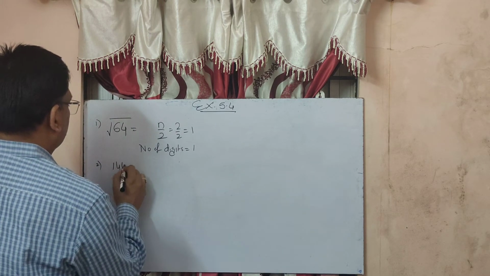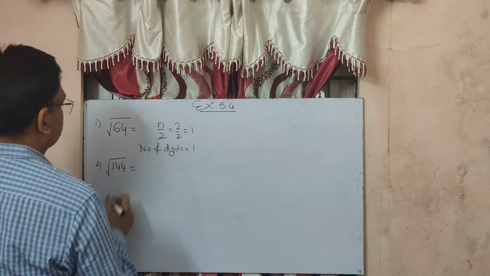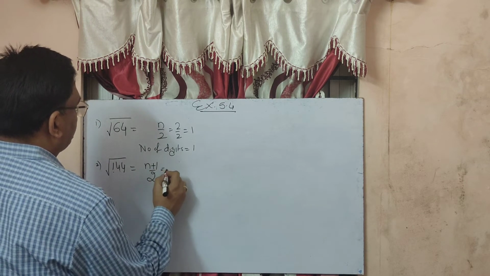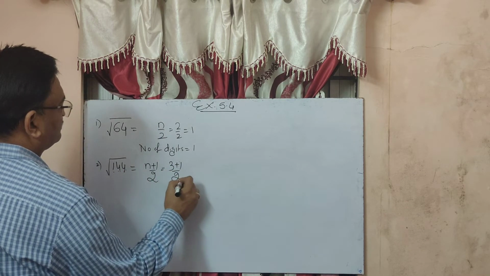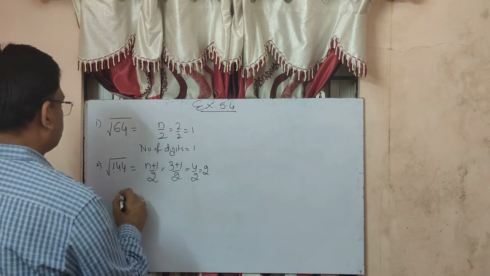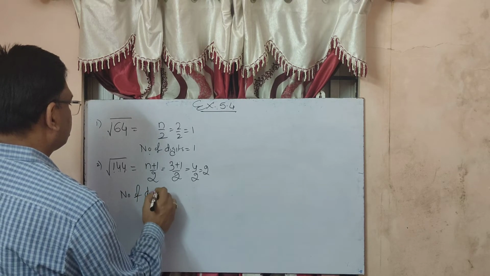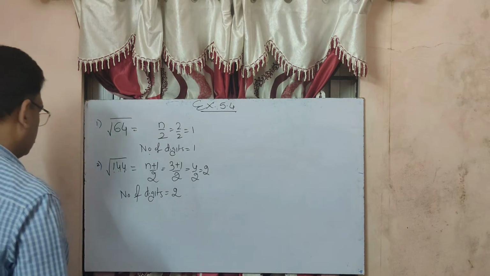144. So by looking at the number, you can say 1, 2, 3. There are an odd number of digits, so you write n plus 1 upon 2. n is how much? 3. 3 plus 1 upon 2, that is 4 upon 2, that is 2. So you write here number of digits is equal to 2.